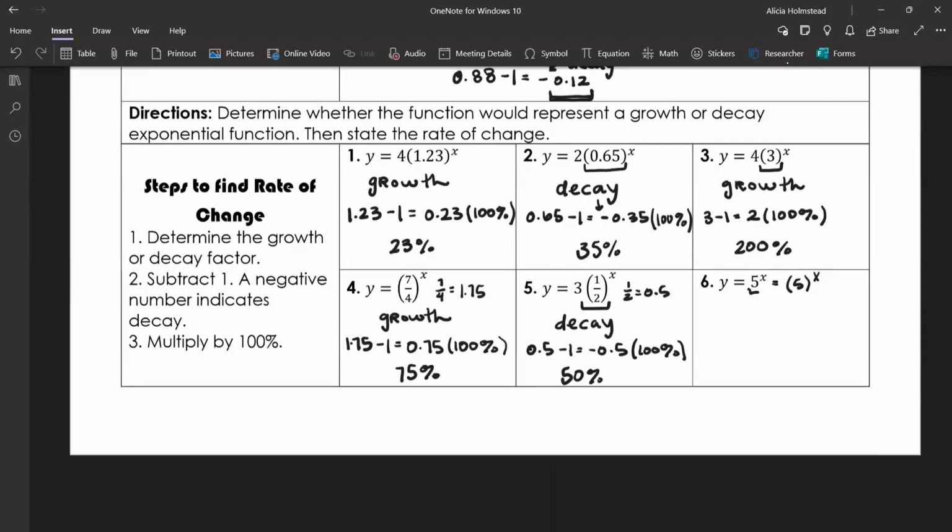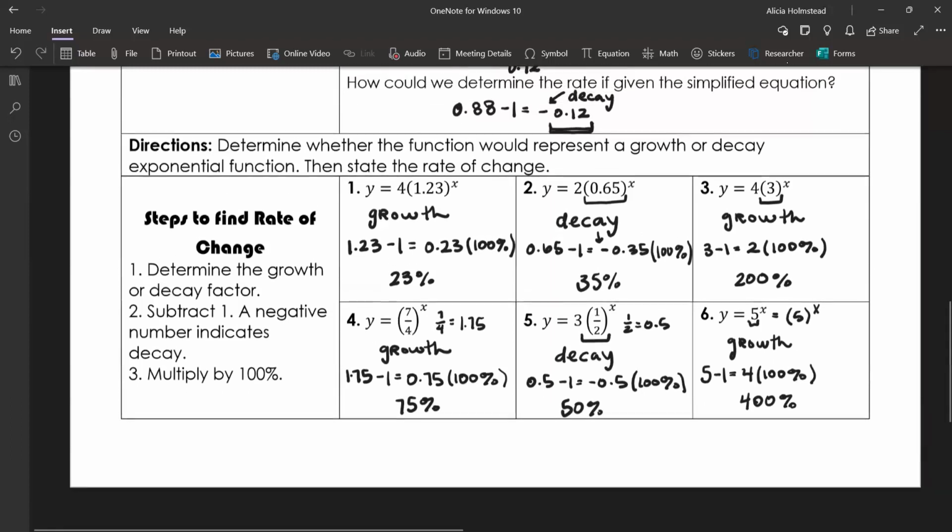So our base of our exponential is 5, which is greater than 1, so this is growth. To find our growth rate, we're going to take our growth factor minus 1, which gives us 4. Multiply that by 100% to put it in percent form. And it looks like our rate of growth is 400%. It's moving up pretty quick.